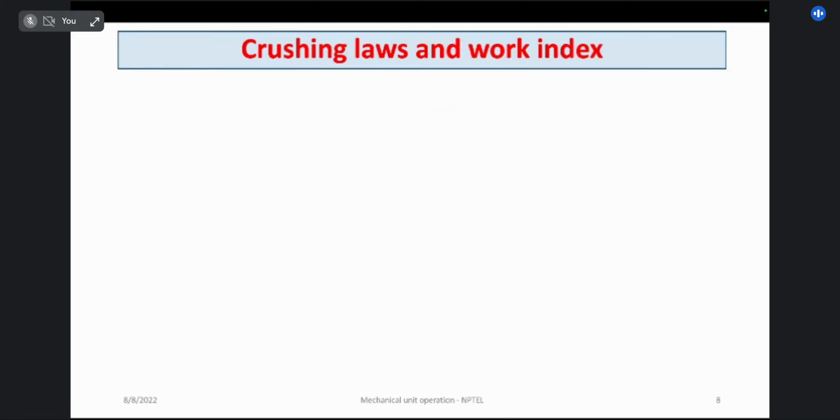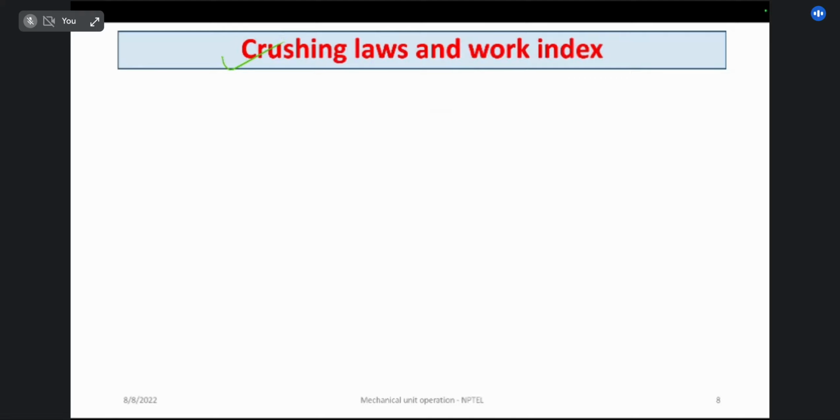Now, an important part is crushing laws and the work index. We will see which laws we follow and, based on those laws, what equations there are. Mostly these laws do not fit perfectly in each and every practical application, but we can use them to mimic our operation according to their principle.